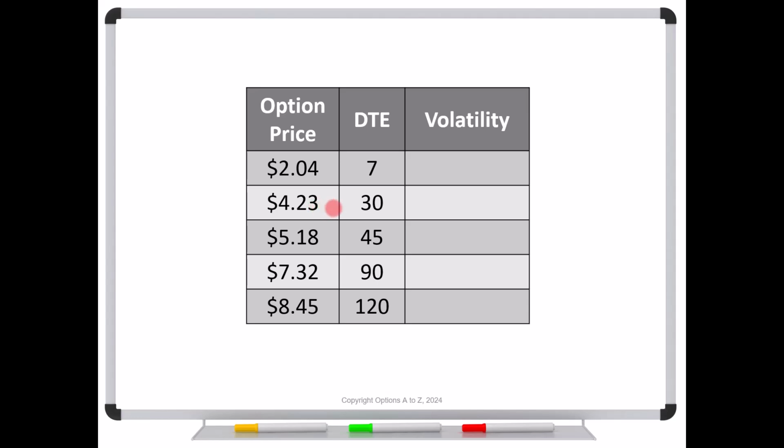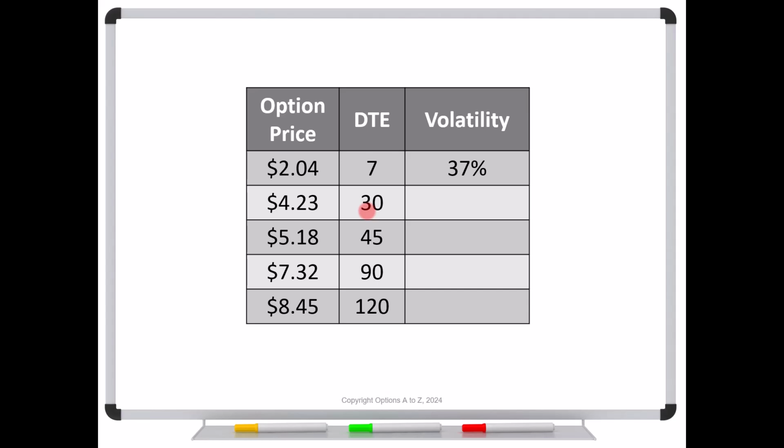Well, we can do the same thing as we did with the bonds, just with more complex math, by putting these into an option pricing model. And if we look at a price of 204 with 7 days to expiration, assuming no interest rates, we end up with a volatility of 37%. See, this tells me a lot more about what I'm getting into. I look at this option at 423 with 30 days. Is that cheap?